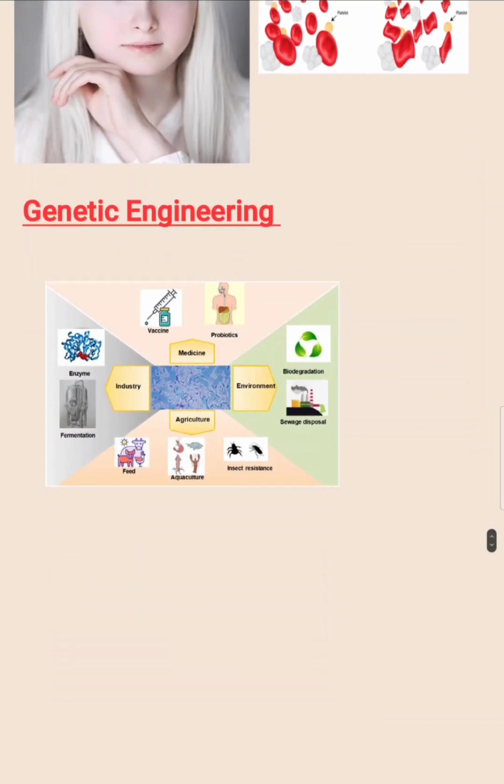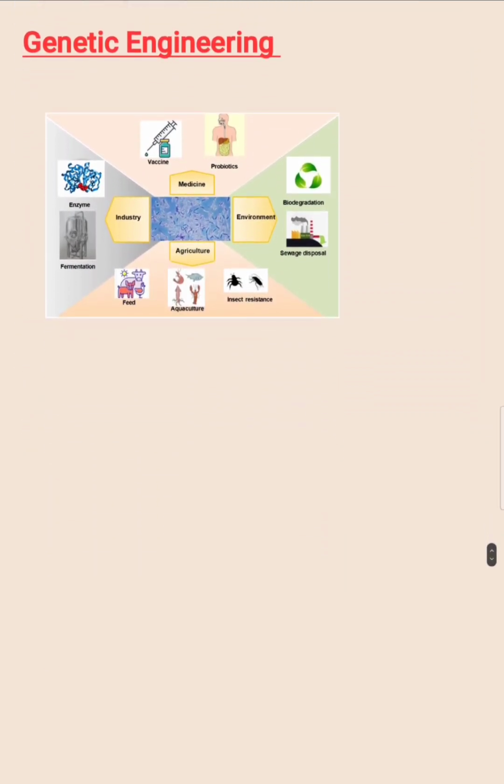Right? The final topic of this lesson is genetic engineering. Genetic engineering is applied in different areas, as you can see in the figure: industry, medicine, environment and agriculture.